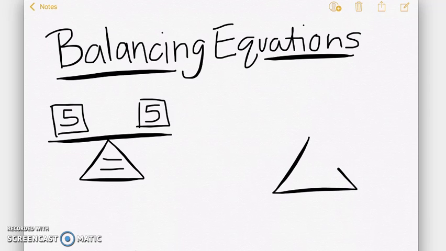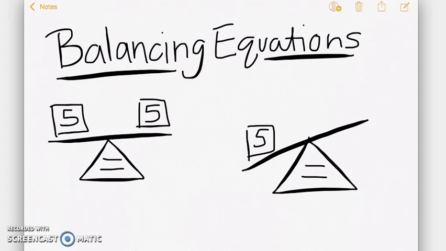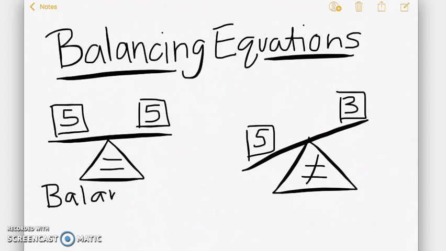If we move to another scale that's, let's say, not equal, but we want it to be. On this side we'll have 5, the other side will have maybe 3. That's not equal. And this is the essential point with balancing equations. You want one equation to be balanced and another equation may not be balanced, but that's what you want it to be.